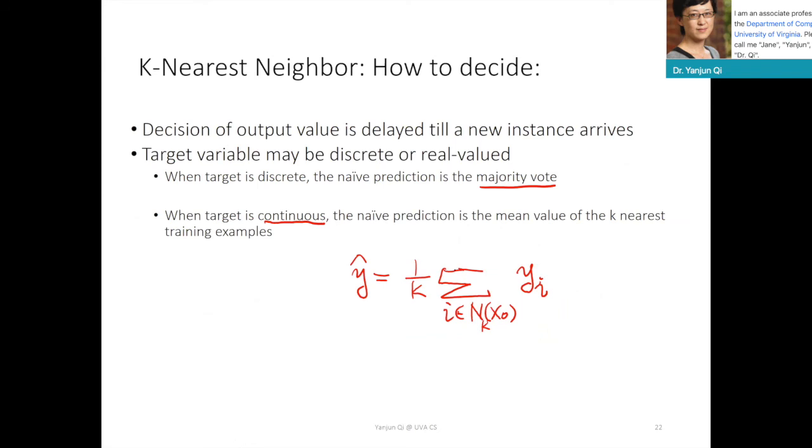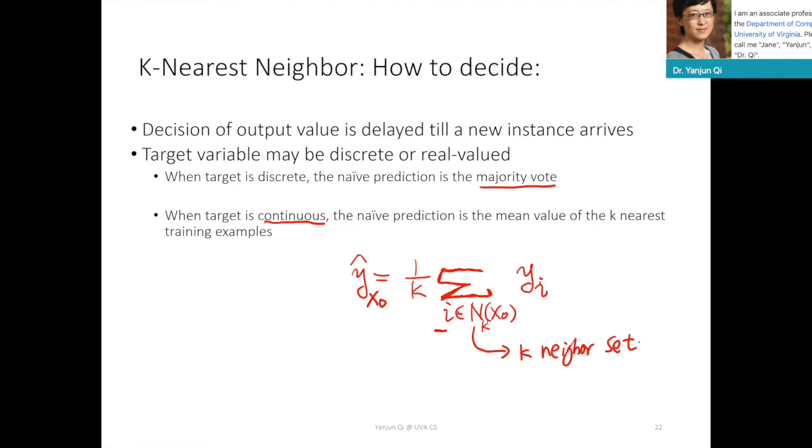In this notation, I is in the neighbors of this specific x0, and this is the predicted y for this x0 point. You just consider all the i belonging to the nearest neighbor set.